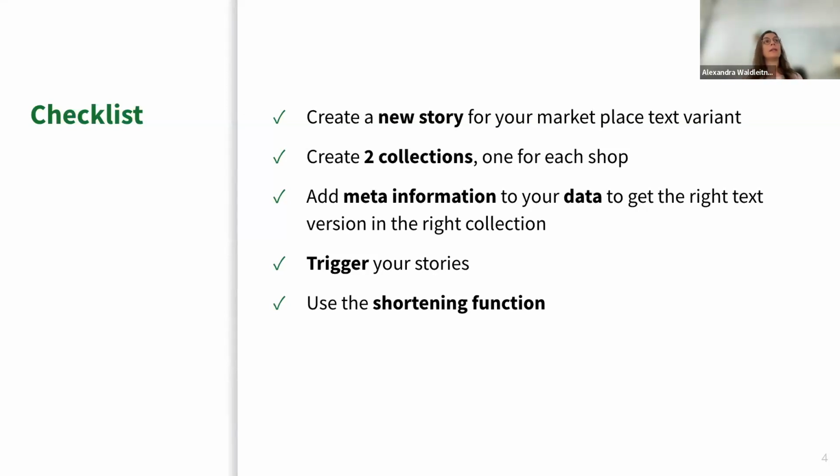You have to add meta information to your data to be able to get the right text version in the right collection. With this information, you can create triggers for your stories. And then last but not least, in the example today, you have to use the shortening function to guarantee that your texts are not too long.